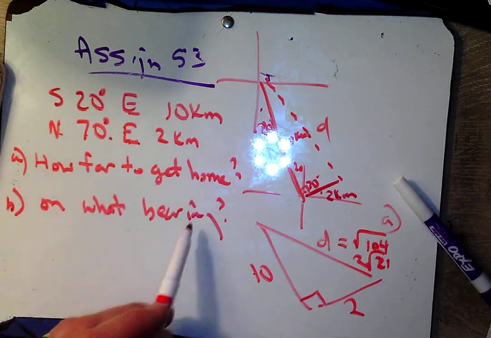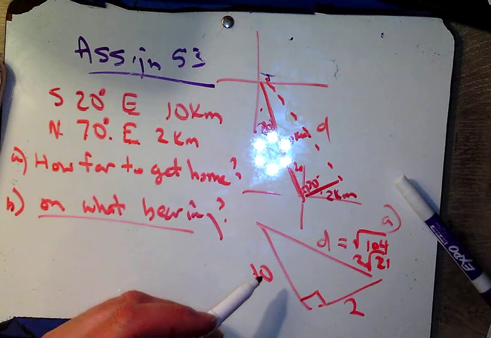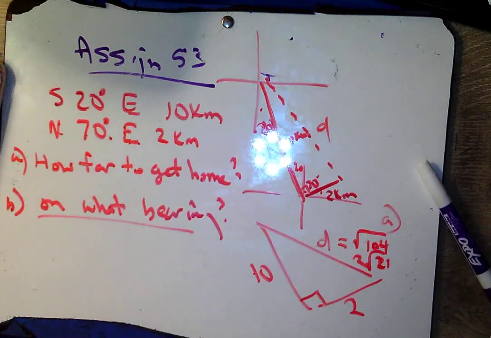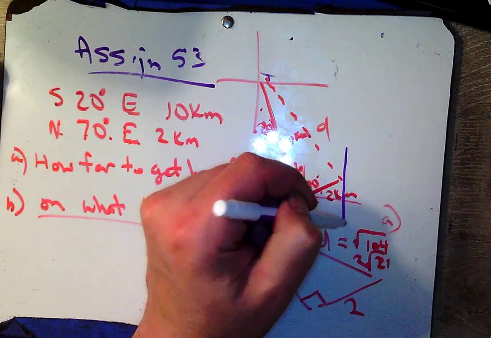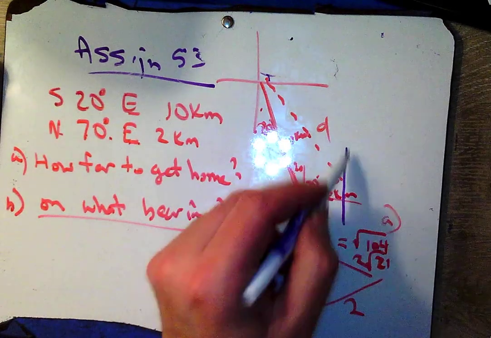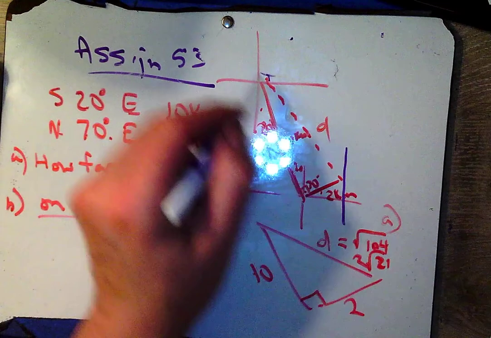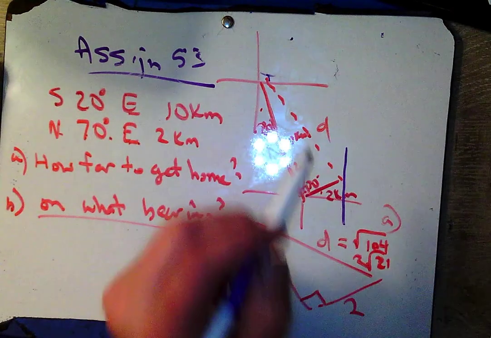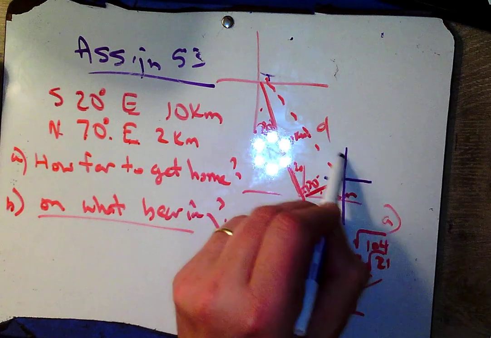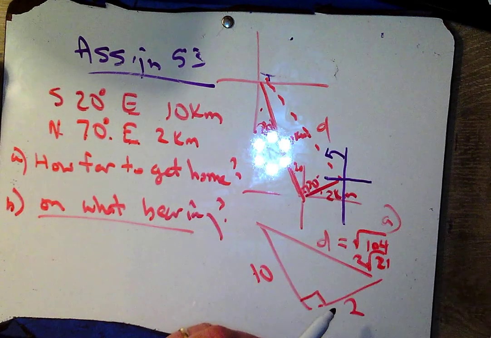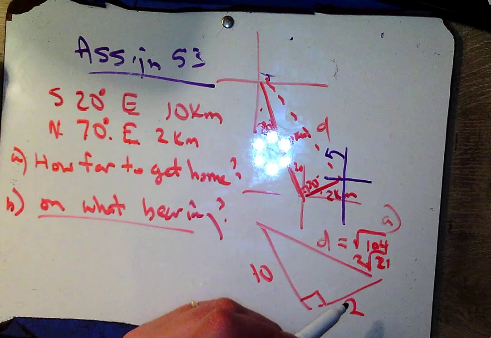But what about on what bearing? Well, let's draw a compass rose there. I find drawing the compass rose to be really, really helpful. For one, because I see parallel lines cut by transversals, but also because when I draw my compass rose, I see that that's my bearing home. Now, what do I know?